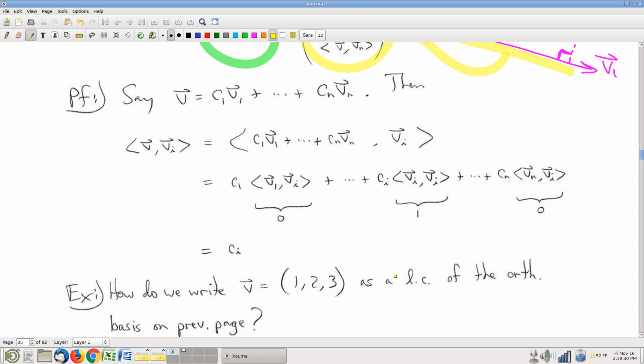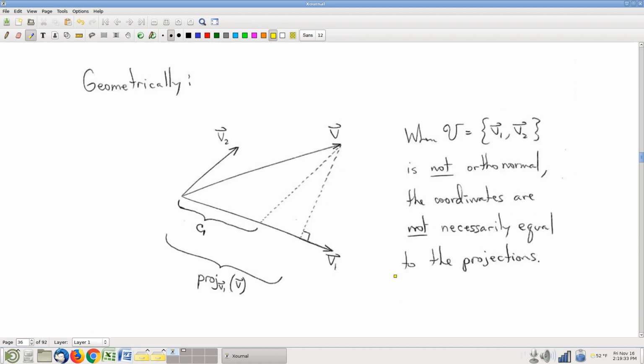Now, let me explain why this is at all surprising. Here's kind of a similar picture to what I just drew. We have a vector here. And here's a basis, V1 and V2, let's say. We're just in 2 dimensions. If I want to compute the coordinates, I figure out how I can write V as a linear combination of V1 and V2, and that's going to come off of looking, loosely speaking, at this parallelogram. When you take linear combinations of vectors, you're making parallelograms.